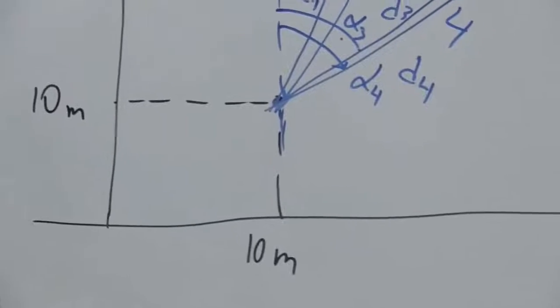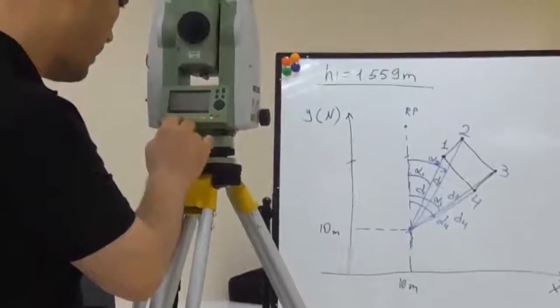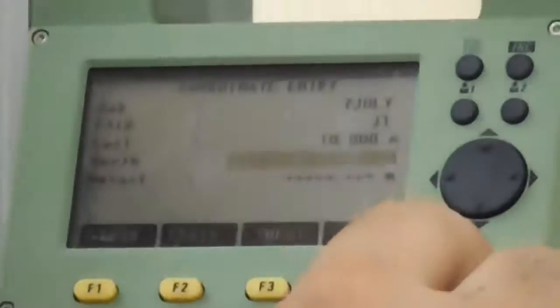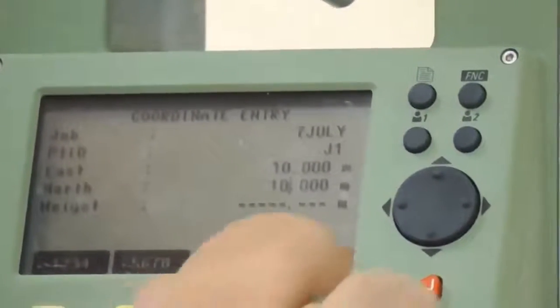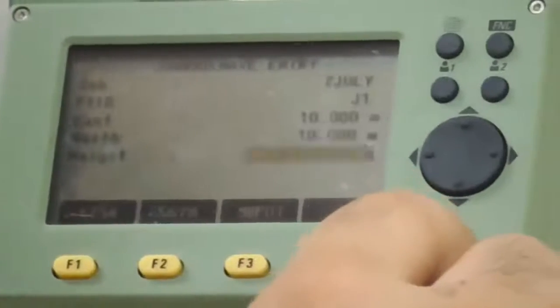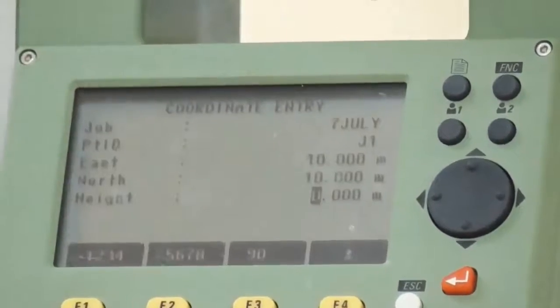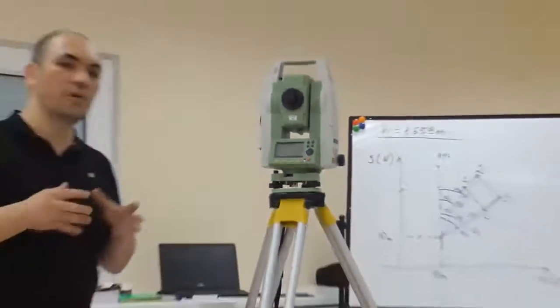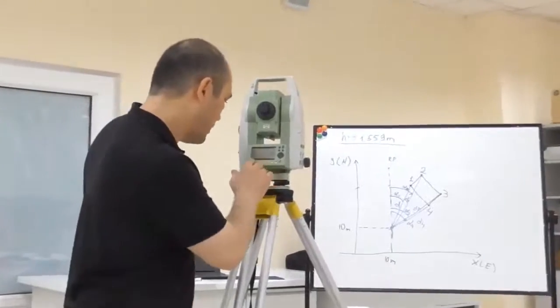So I insert the values, 10, 10. For the height, we use absolute or arbitrary heights, a datum. In our case, we can write maybe 100. This is arbitrary.